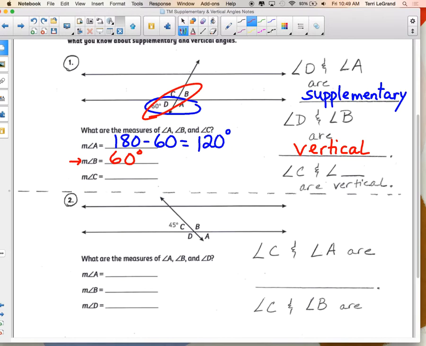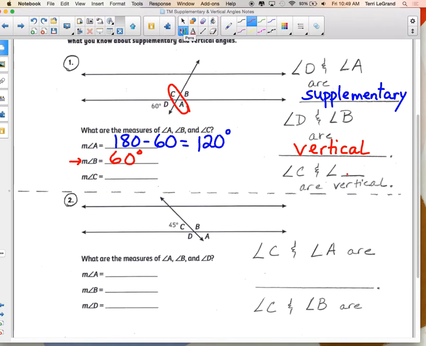Well, now we're down to just angle C. I say, let's look for a vertical angle relationship. That's my favorite one. I don't have to do any subtracting. Which angle makes a vertical angle relationship with angle C? I want everybody to come up with an answer. A. So you're saying these guys right here?